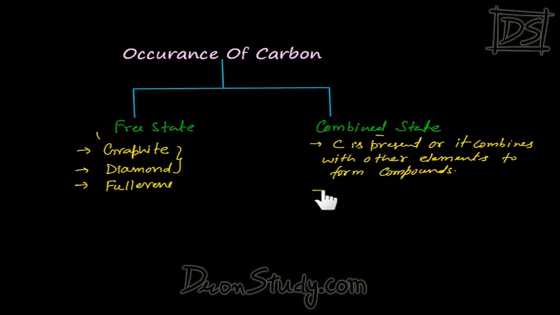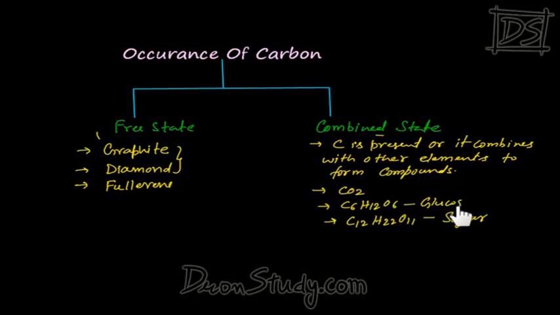There are a lot of these, such as CO2, carbon dioxide, glucose, C6H12O6, sugar, C12H22O11. This is the formula of what? Of sugar. This is the formula of what? Of glucose. Petrol. What is petrol? C8H18. There are a lot of other examples.